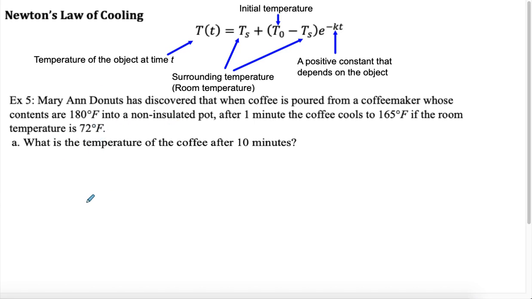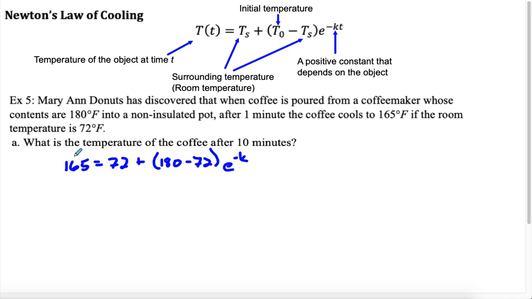So to answer both parts A and B here, the first thing we have to do is figure out the k value. To set up my equation, I'm going to say the temperature of the object right now is 165. The surrounding temperature was 72, plus my initial temperature, which was 180, minus the room temperature again, times e to the negative k.